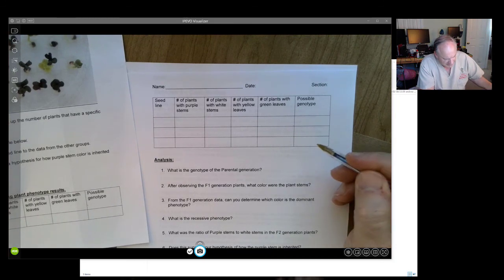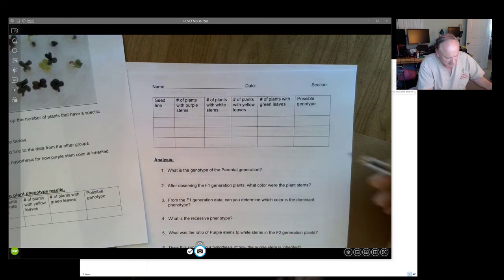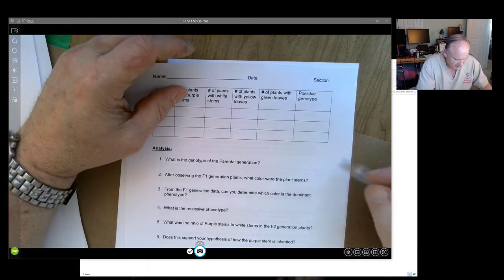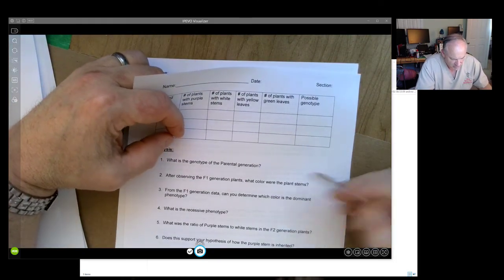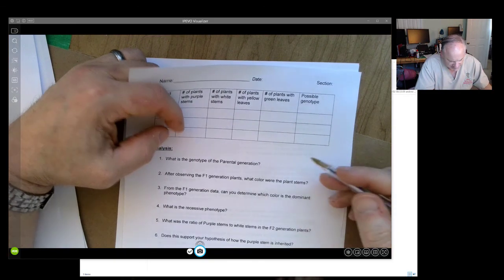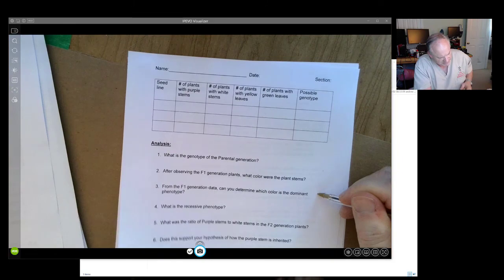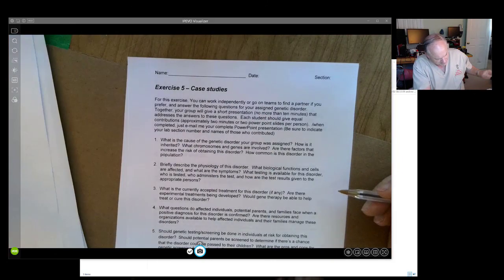I just have you work through these analysis-type questions as best you can. See if you can figure that out. Next week I will go over this again with the results, so that we can see if the results you got were the same.